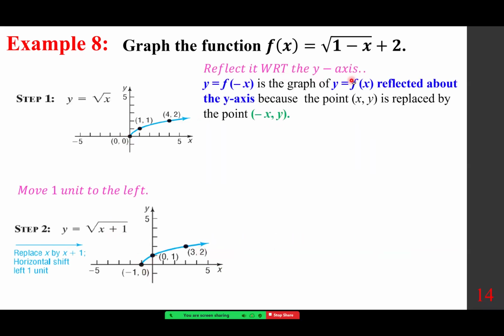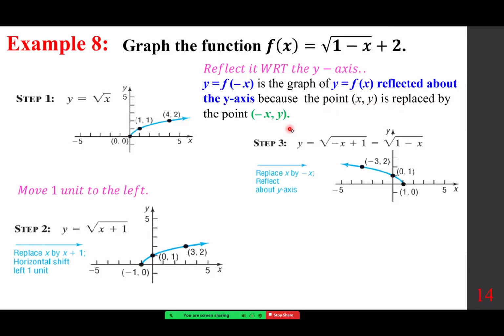Now, reflected with respect to the y-axis, y equals f of minus x is the graph of y equals f of x reflected about the y-axis, because the point x comma y is replaced by minus x comma y. So that's what we are going to do here. We're going to change the x to minus x.